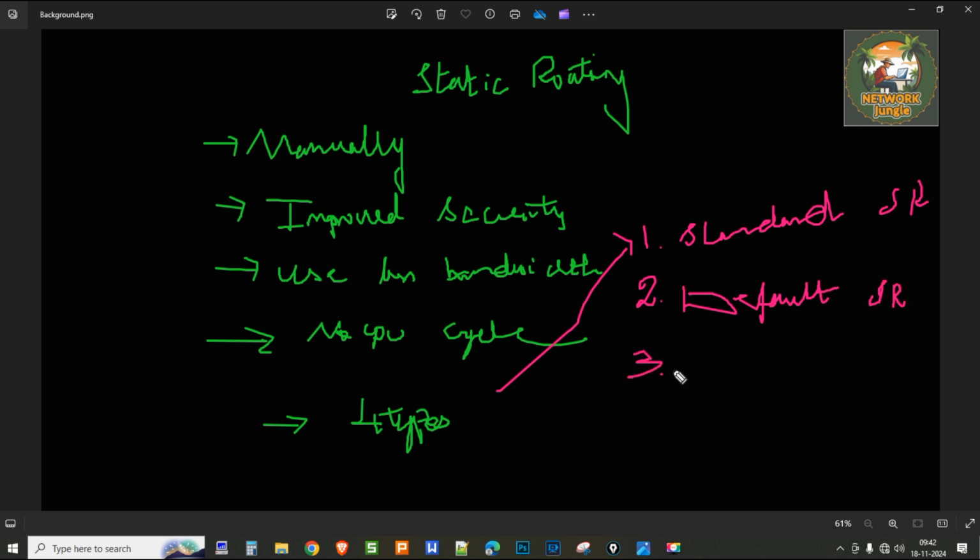Third one is the floating static routing. Fourth one is the summary static routing. Usually static routing can be classified into four categories: standard, default, floating, and summary static routing. Let's see one by one.